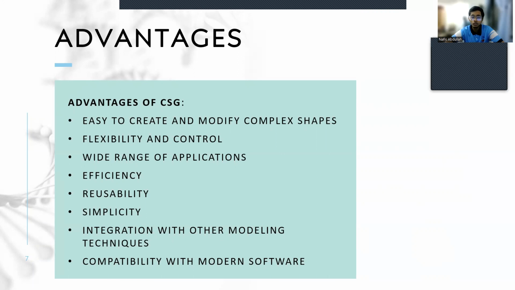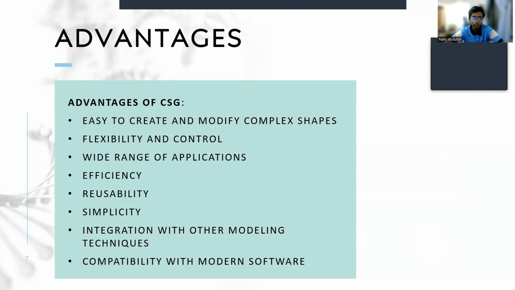Boolean operations such as union, intersection, and difference offer a high degree of flexibility and control over the final shape, allowing for precise adjustments to be made. Next, we have the wide range of applications. CSG can be used in a variety of fields, including computer-aided design, CAD, video game development, and engineering and architectural applications.